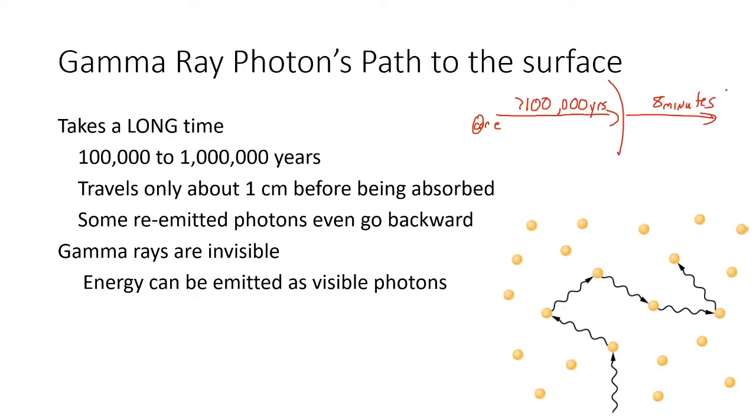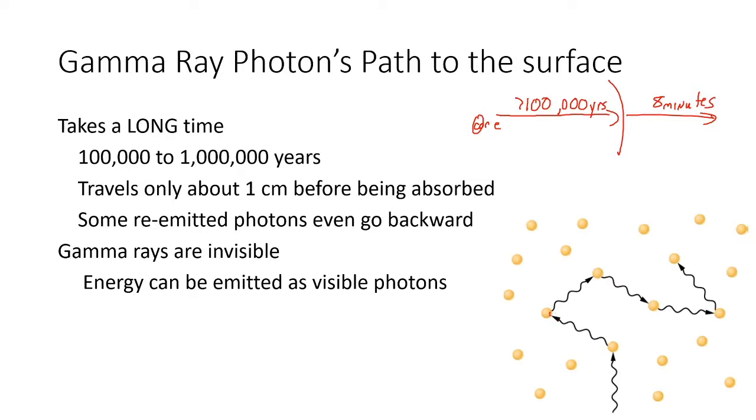The problem is, kind of like you trying to get through that crowd at the concert, each of these gamma ray photons only travel about a centimeter, at most about a centimeter, before they hit another atom. So you can see that. It gets emitted and then hits another atom. Now that excites that atom, and then eventually it'll get re-emitted again.